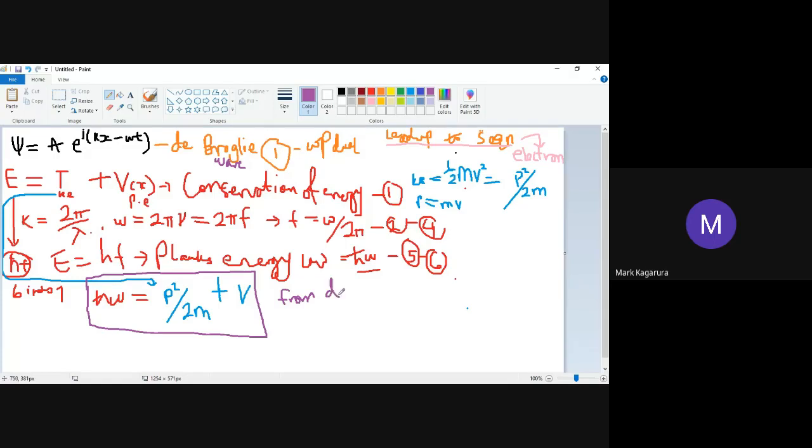From the de Broglie hypothesis, lambda is equal to h over p, right? So we can just substitute for p in this. That would have been equation 7, equation 8, and equation 9. So we can just substitute, so we'll have ħω.